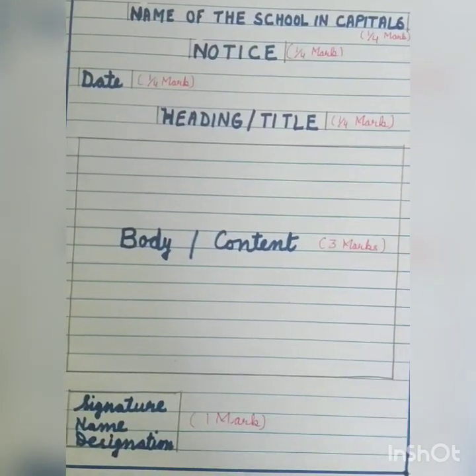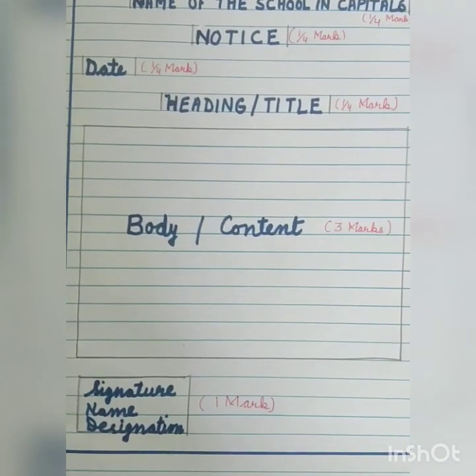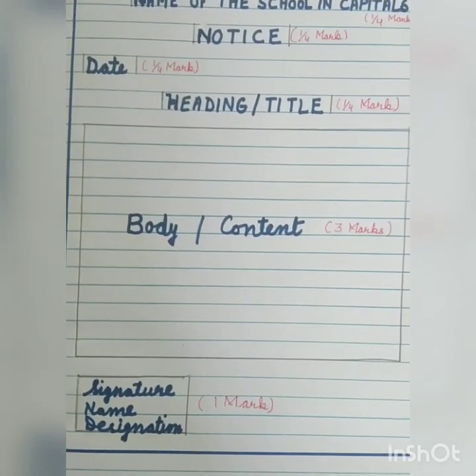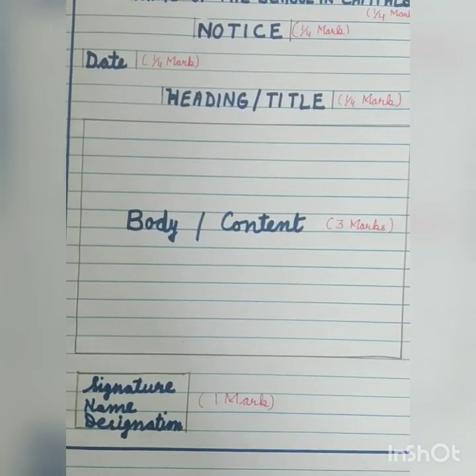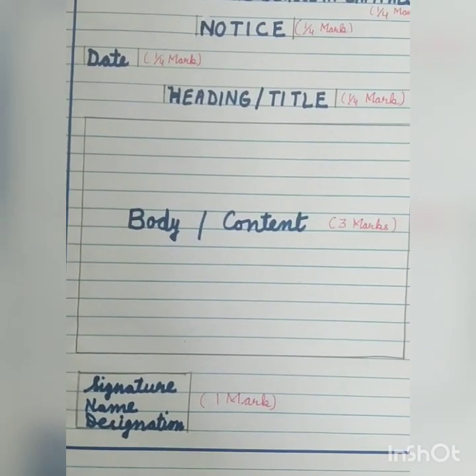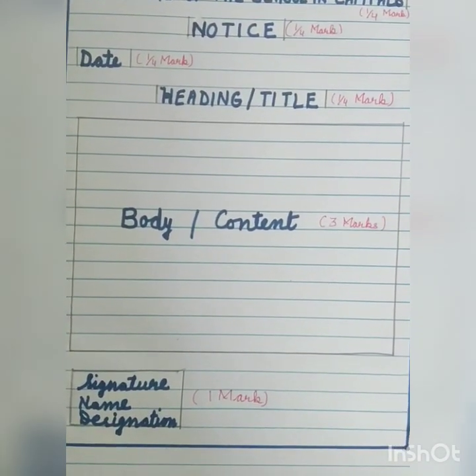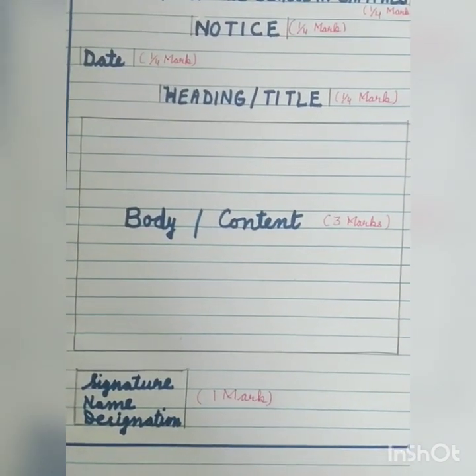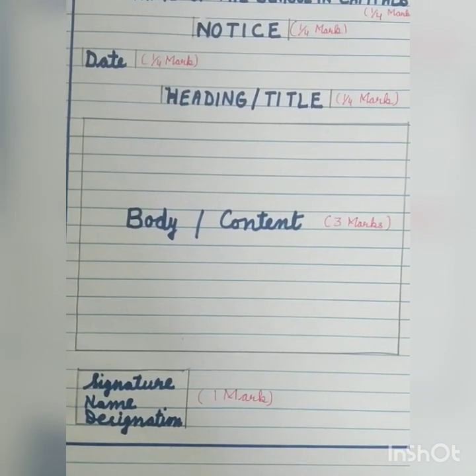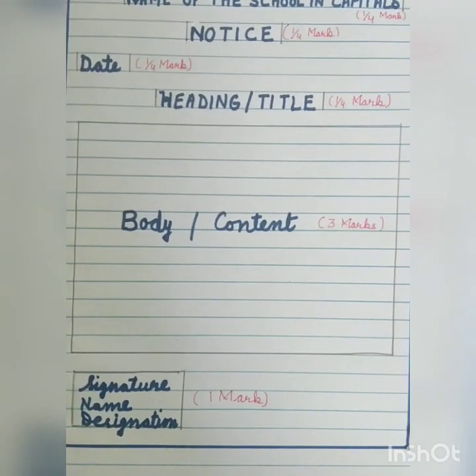And while writing the body or the content of the notice, we have to be very particular that we will not be using personal pronouns like I, we, you, etc. Okay, so we will be talking about this when we take the example, or when we write the notice in a complete way. So just remember the format first.